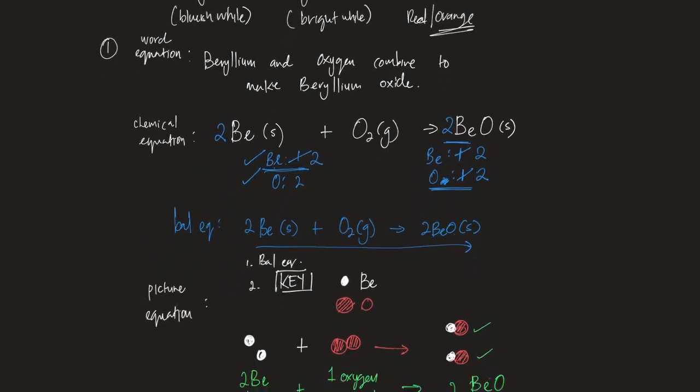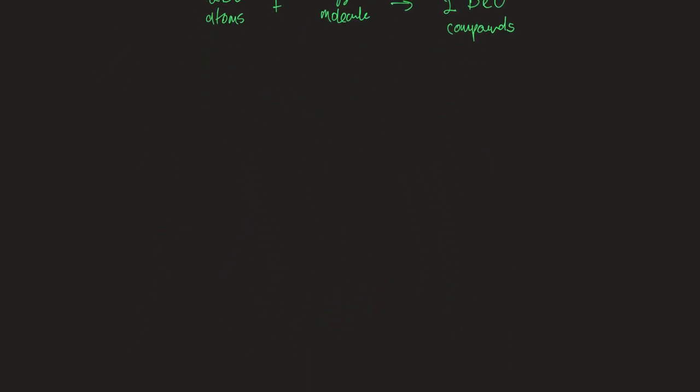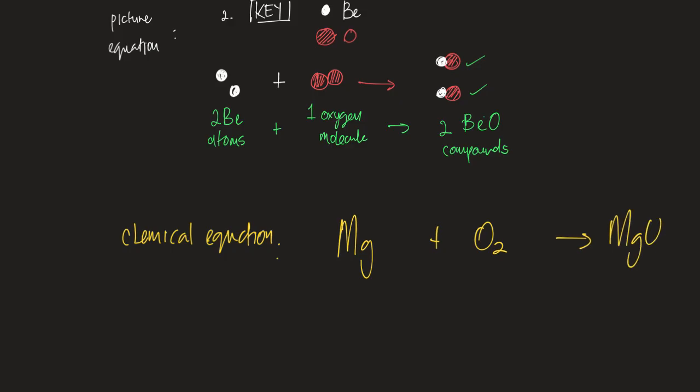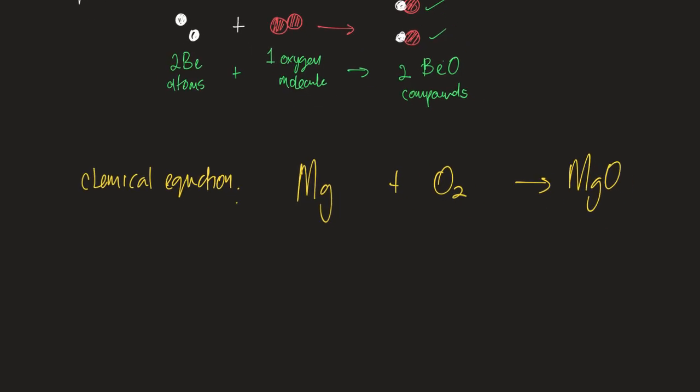The next one we have is magnesium. For magnesium, I'm going to write my chemical equation. Magnesium plus O2 is going to give me MgO. Now I need to balance it. My magnesiums, I have 1. My oxygens, I have 2.